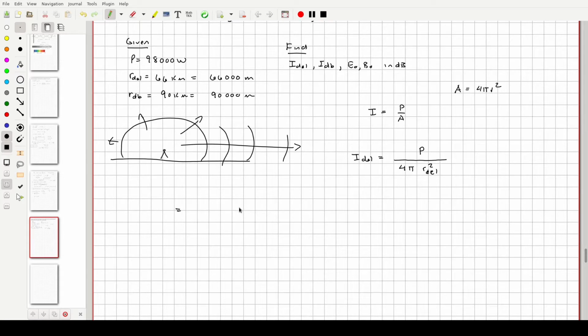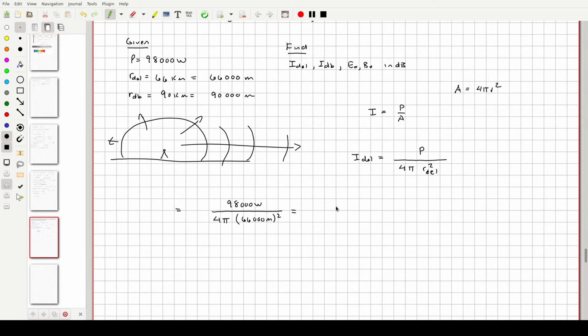And I know that. So for that, that would be 98,000 watts divided by 4 pi times 66,000, whoops, meters squared. What am I doing? Meters squared. That's better.